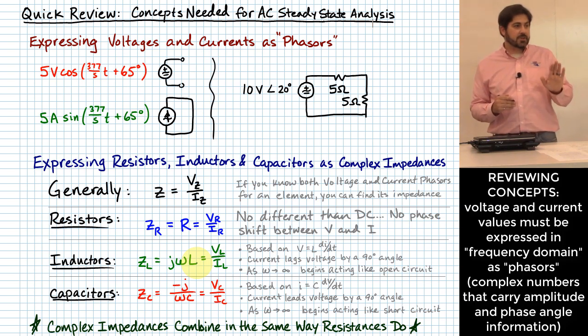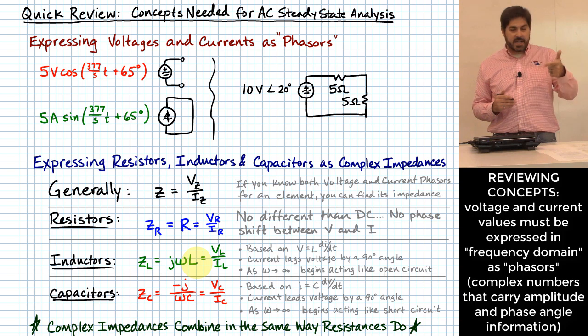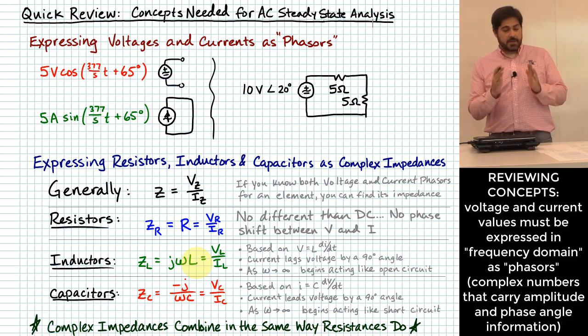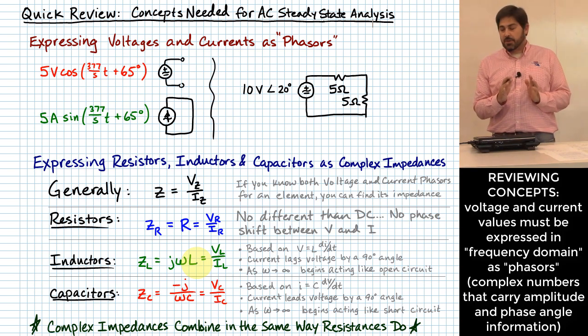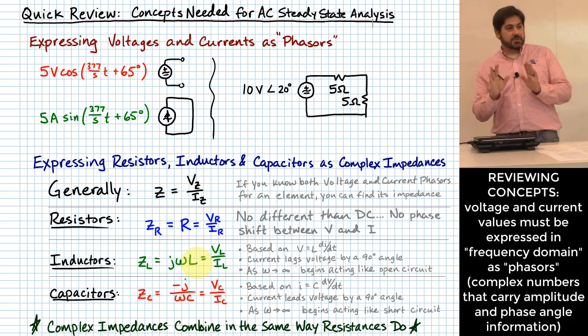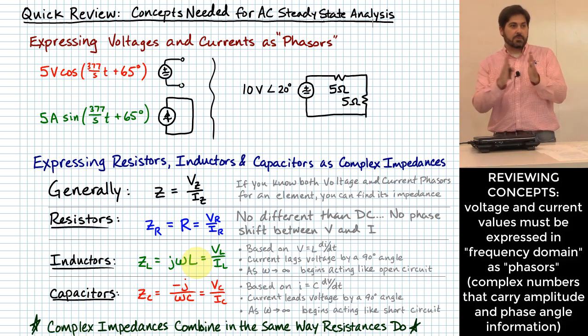Those two values represent specific things, because when we're dealing with single frequency, steady state, sinusoidal AC problems, the thing that matters to us has essentially nothing to do with time. What matters is the amplitude of the wave and the phase shift of the wave.